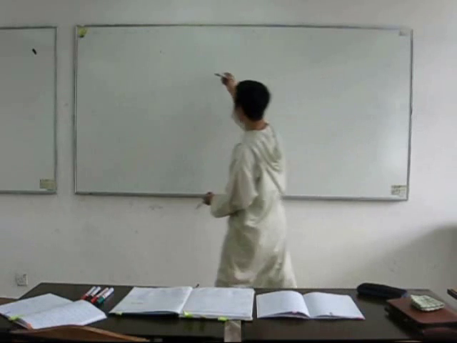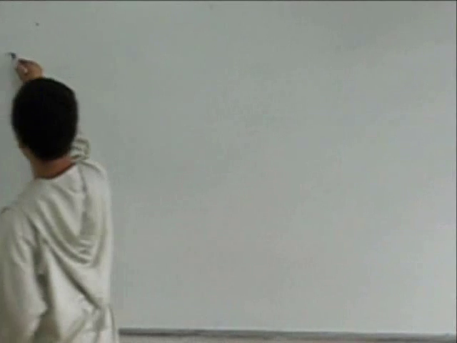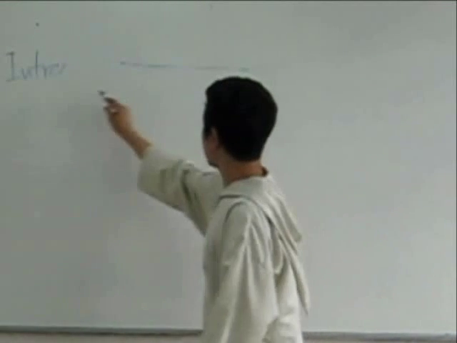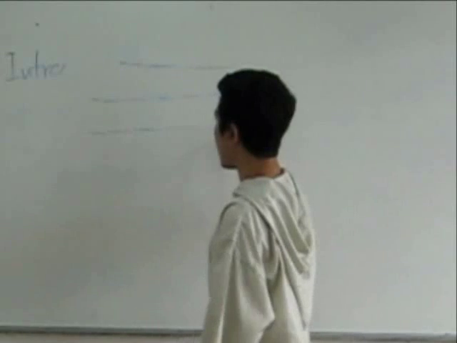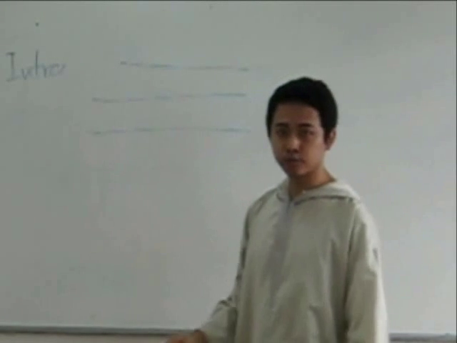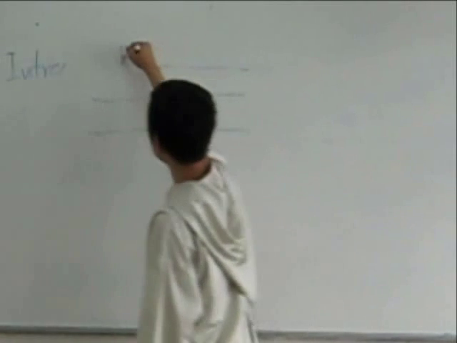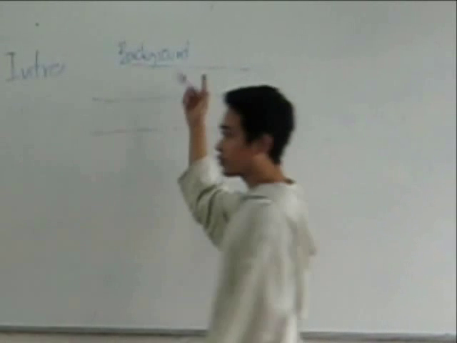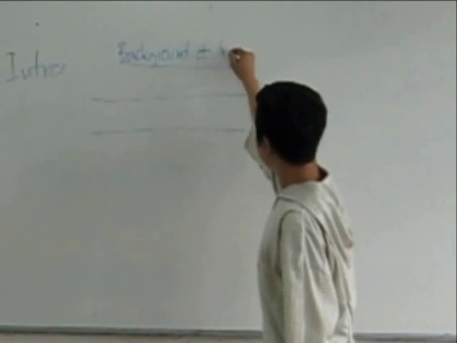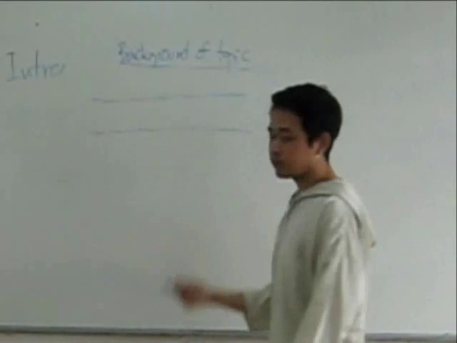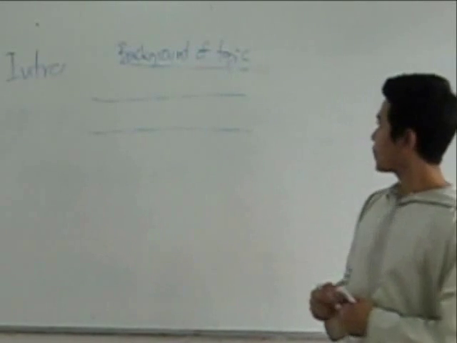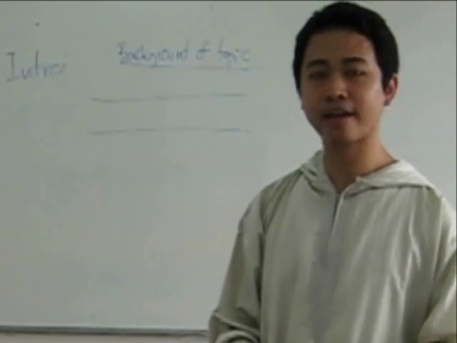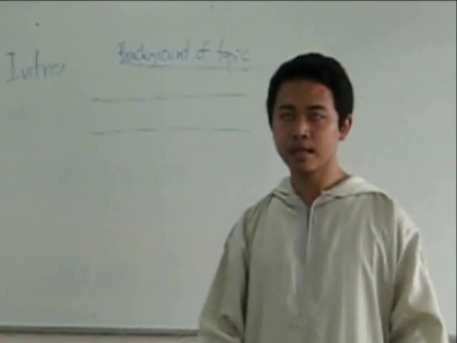Now I'm going to tell you about the introductory paragraph. You can start with the background of the topic. Just like I told you just now, we have to find the keywords.